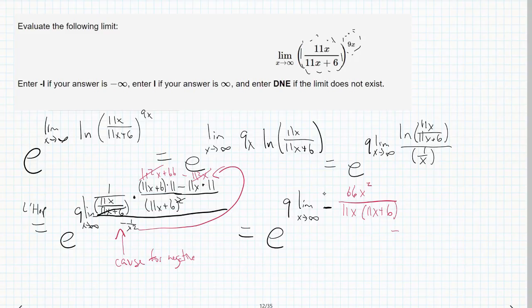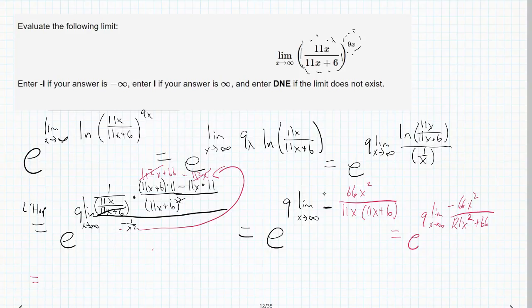So this makes e to the 9th, and then we have the limit as x approaches infinity, and this would be negative 66x squared, and then times 11 squared is 121x squared. So 121x squared plus 66.